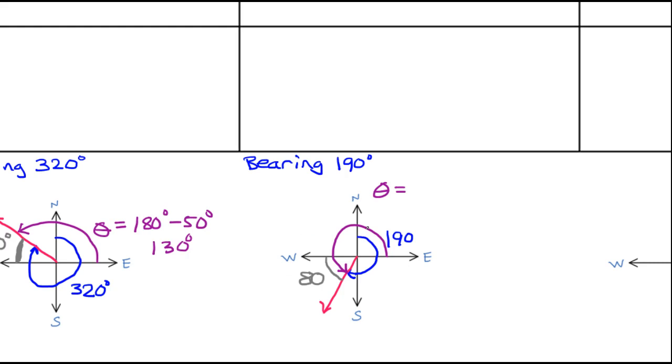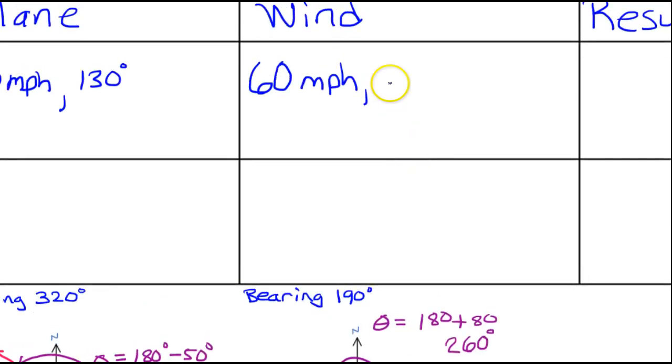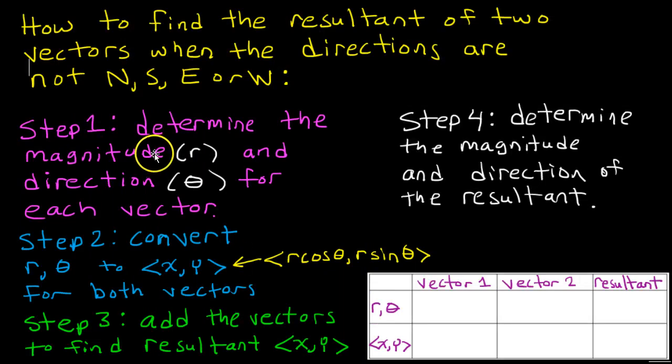At west, we were at 180 degrees. So we went a little bit further. We went 80 degrees further. Look at the reference angle. So that's 180 plus 80. So that's 260 degrees, and that's the angle that we need for the chart. 260 degrees.